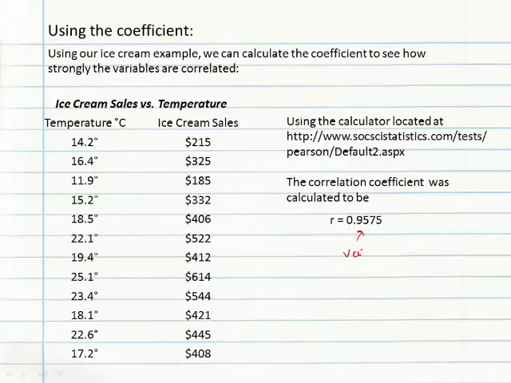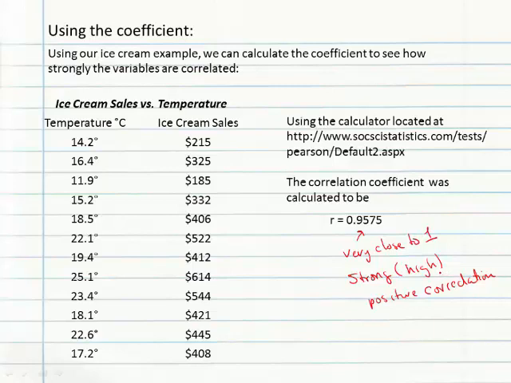This is very close to 1, which shows a strong or high positive correlation. That shows that there's a strong connection between the temperature and the number of ice cream sales.